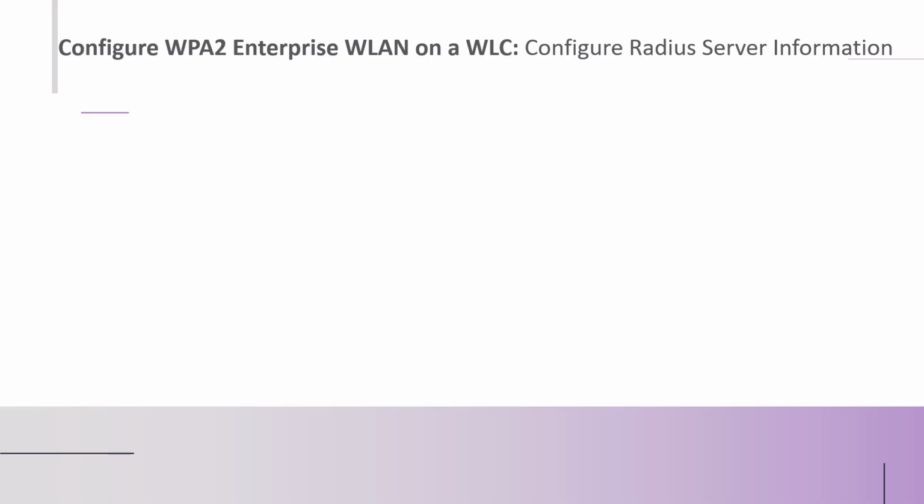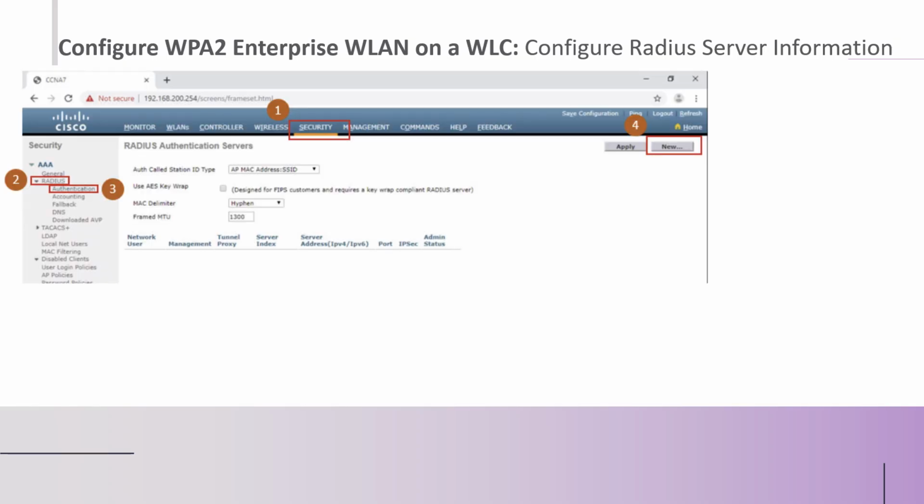Authentication will be handled by the RADIUS server, which is running on the PCA. To configure the wireless controller with the RADIUS server information, we click on the Security tab. Then we go to RADIUS, following steps 1, 2, 3, and then we go to Authentication.